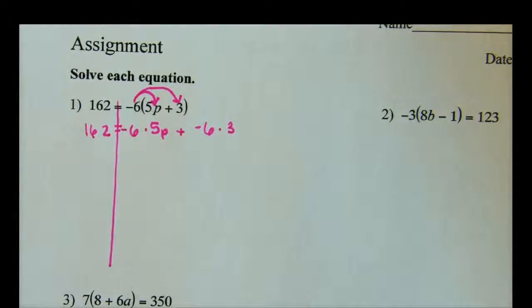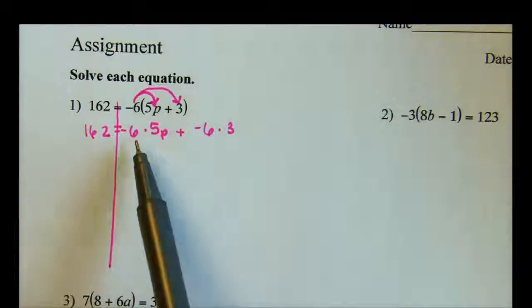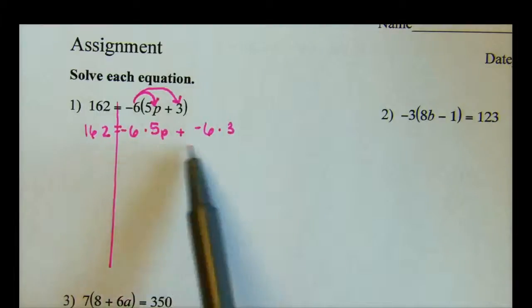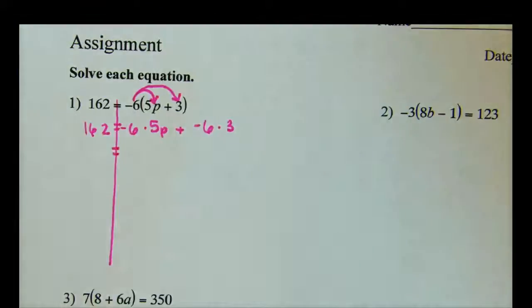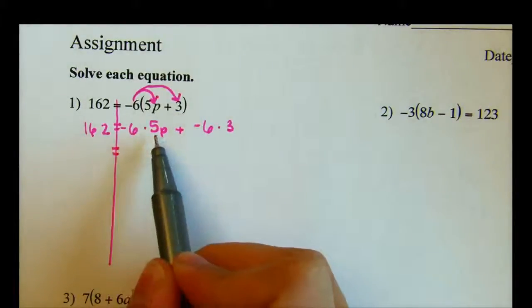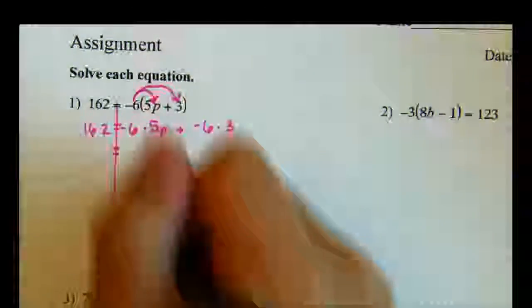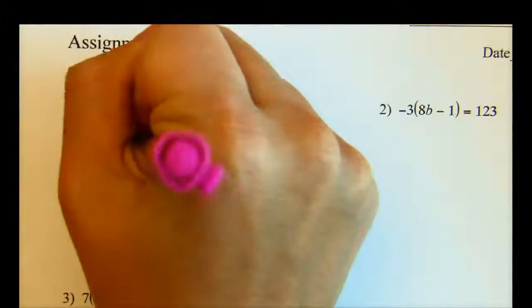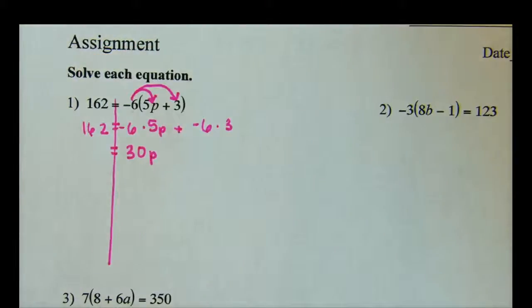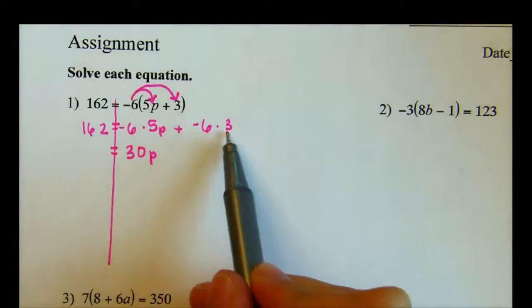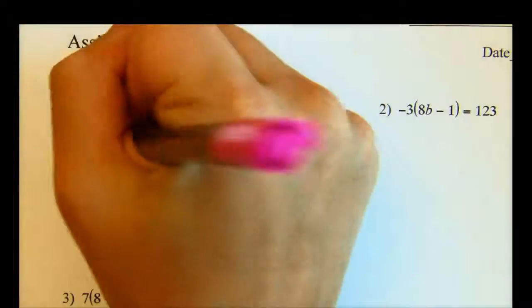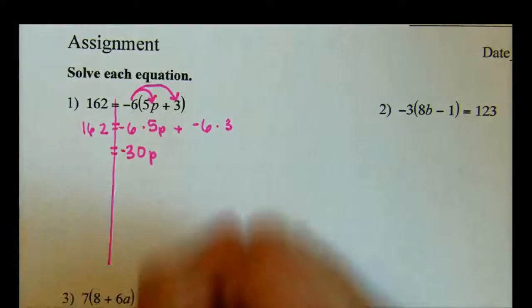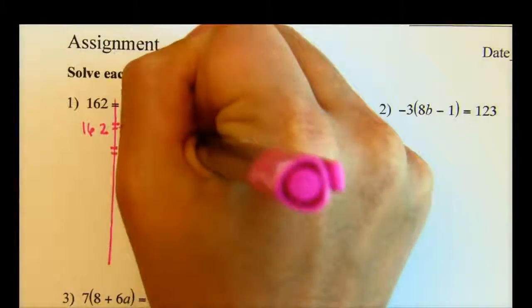Okay, now I need to keep on simplifying this side, so I can't do anything until I know what this is equal to. So -6 times 5p is going to give me -30p. And -6 times 3 is going to give me -18.